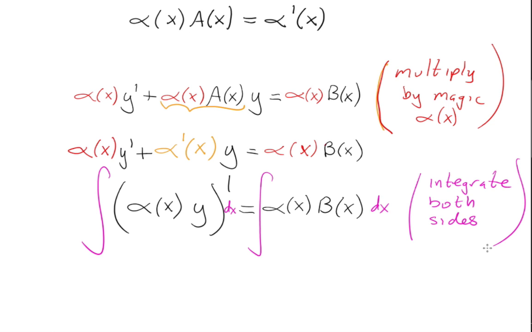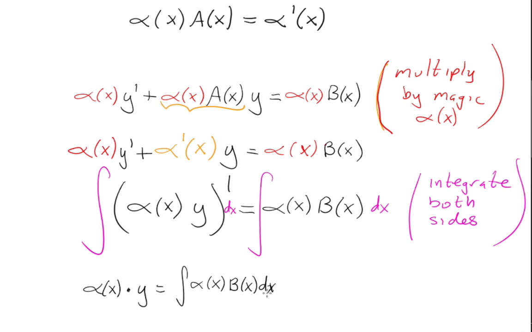Okay, now what do I get on the left side? Alpha of x times y is equal to this integral, right? So the integral of alpha of x b of x dx, and I just leave it like this.